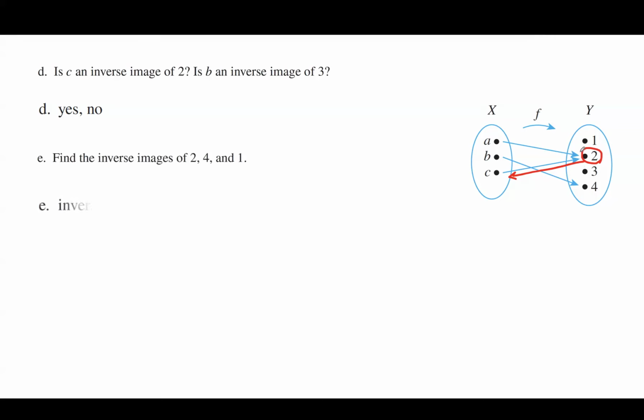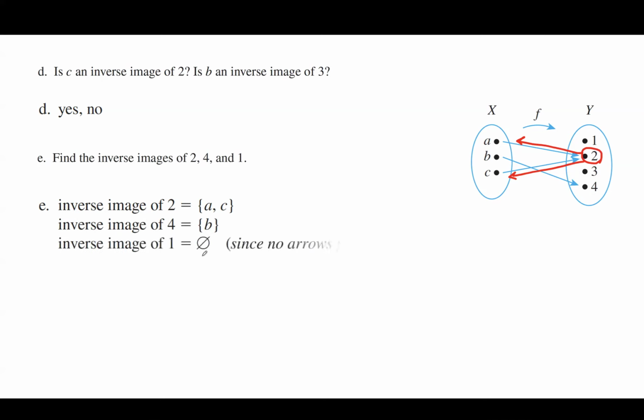Okay, the inverse image of 2 includes 2 elements because 2 is mapped to A and also mapped to C. 1 doesn't map to anything. 3 doesn't map to anything. 4 is mapped to B. So the inverse image of 2 includes 2 members, A and C. The inverse image of 4 is going to be a set including B, and the inverse image of 1 is the empty set, because 1 is not mapped to anything.